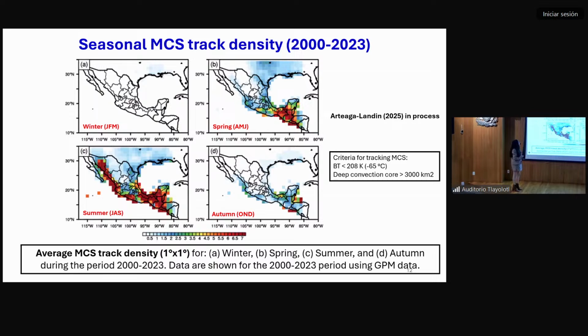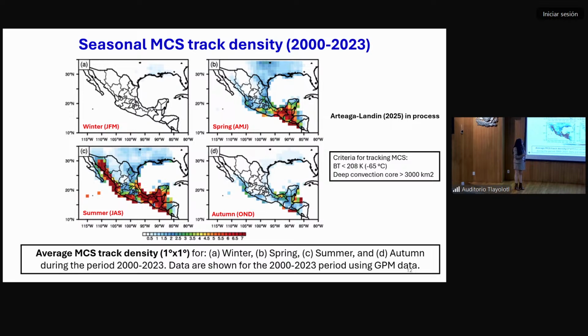In this thesis that is in process, we're studying how mesoscale convective systems vary across the different seasons. We use the GPM data to track them. And you can see here that during spring and summer, we have a lot of mesoscale convective systems.